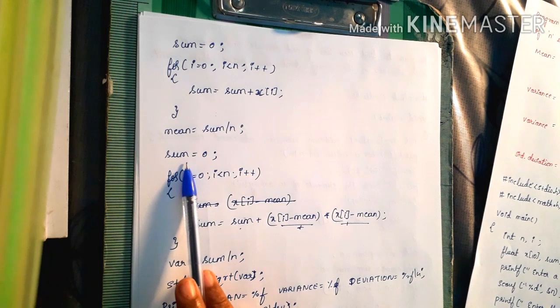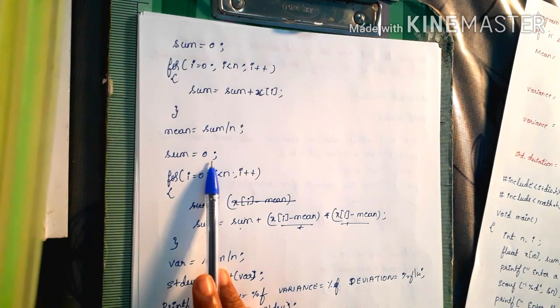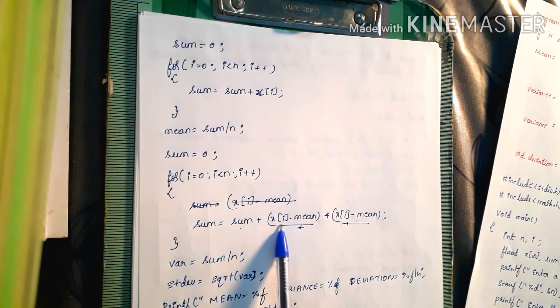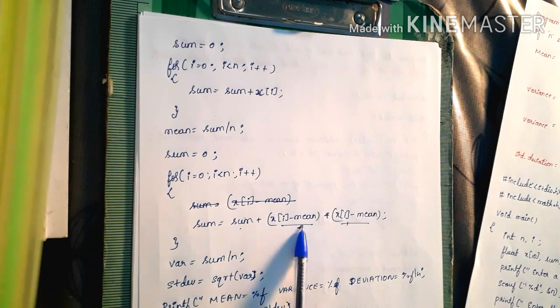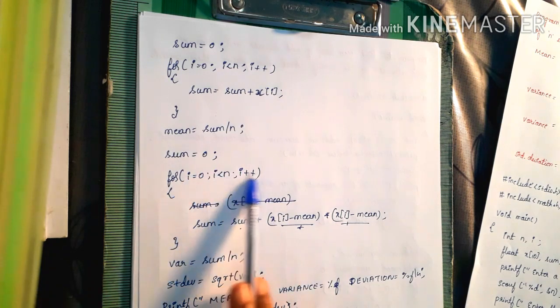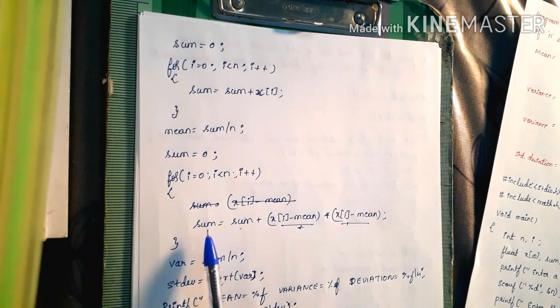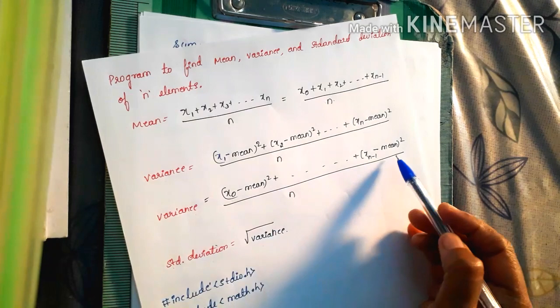Next, take the same variable sum, initialize it by the value 0. Then take the elements from the array one by one. So then subtract mean from that element, then square the resultant data, add it to sum. You should repeat this process for all the elements of the array. After the execution of this for loop structure, the variable sum stores this numerator data.